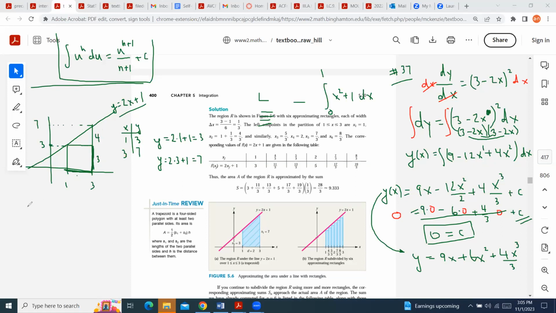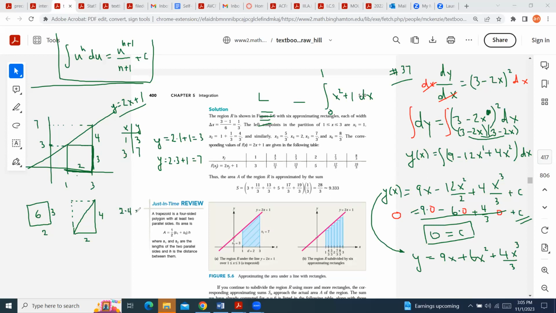So I'm going to need to add areas of 2 figures. The one is a square with a bottom part 2 and the height 3. So 2 times 3 is 6. And the other piece is a triangle with a height 4 and base also 2. So to find its area, I could just imagine a square with area 2 times 4, right?